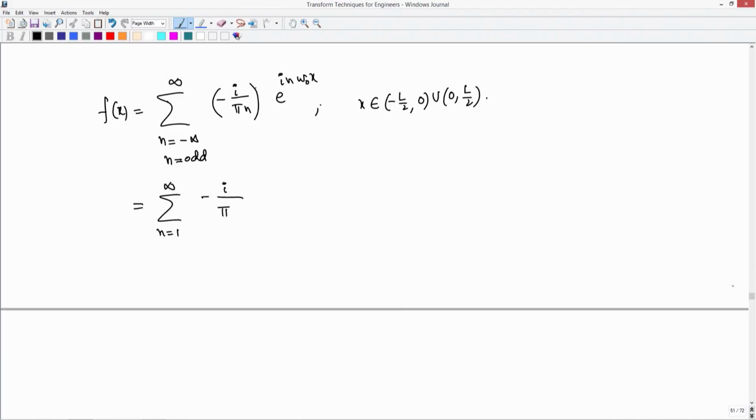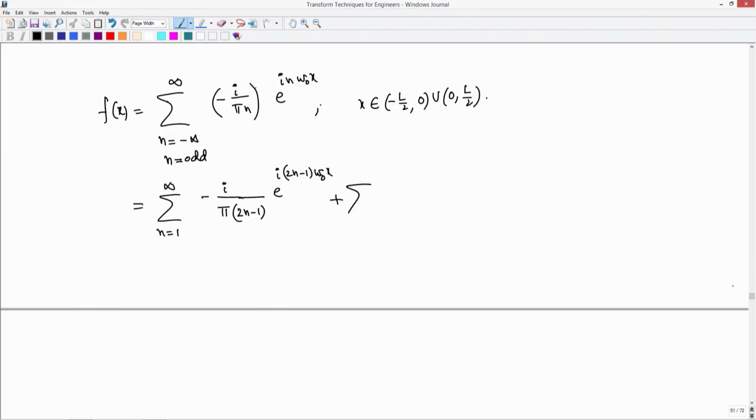It starts with 1, 3, 5 and so on, so it should be 2n minus 1. When you put n equal to 1, it is 1, 3, 5 and so on. So, we have minus I by pi times 2n minus 1, with e power I 2n minus 1 omega naught x. I have written n from 1 to infinity, considering all positive odd n, and this is the result.